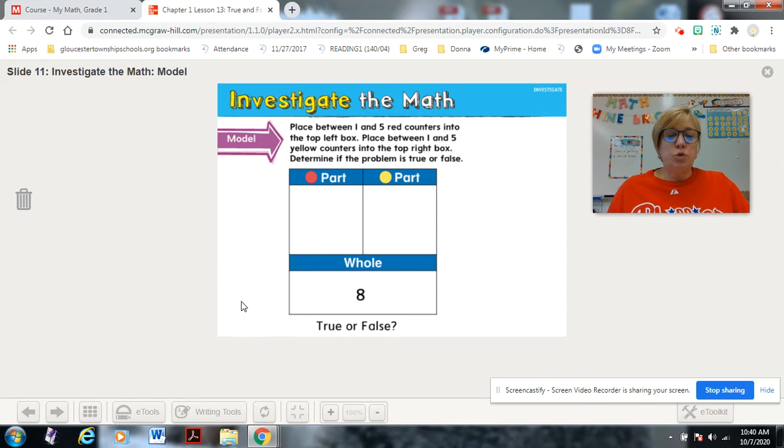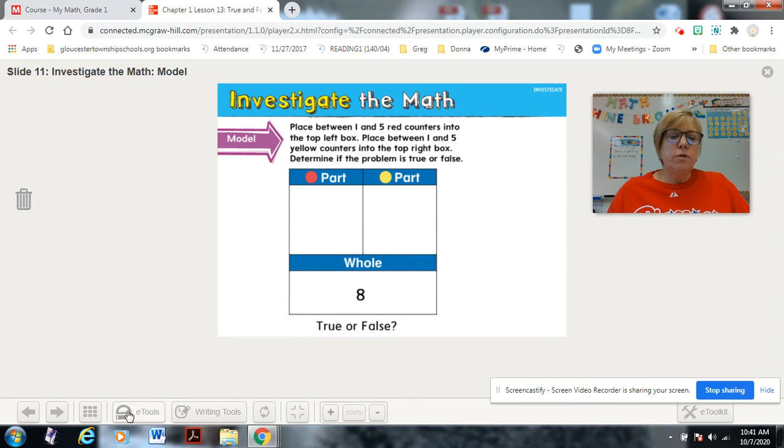And then place between 1 and 5 yellow counters into the top right box, which is right here. And then we have to determine if the problem is true or false. Well, determine means check it and see if it is. So here's what we need to find out: if whatever we put here is going to make the whole 8.